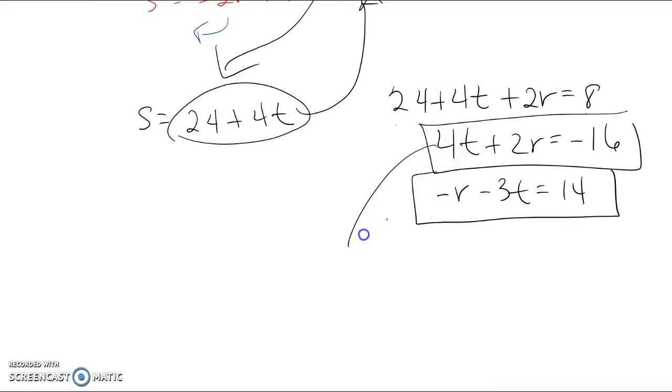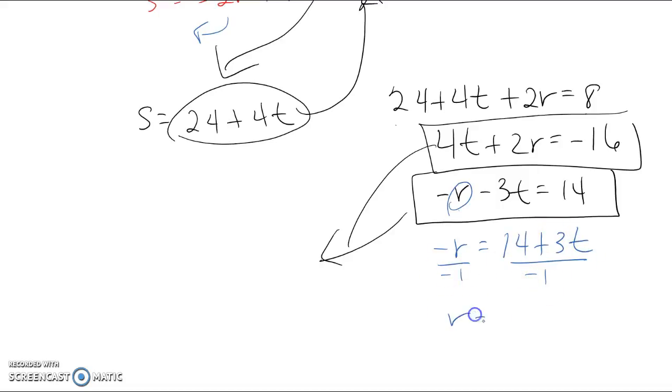I'm just going to take these two equations now and do normal substitution like you've been doing in class all along. So for me, that means let me get this r by itself. If I want to isolate this r, I need to add the 3t to the other side, and then I'm going to divide everybody by -1.